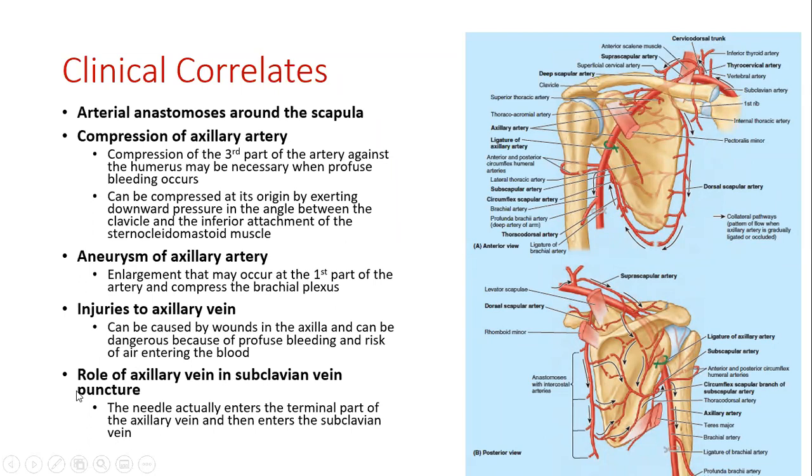Role of the axillary vein in subclavian vein puncture. The needle actually enters the terminal part of the axillary vein and then enters the subclavian vein. Okay, so this is just going along with our conversation yesterday when it comes to blood vessels. All of these blood vessels have different names, but everything is just a continuation of something previous.